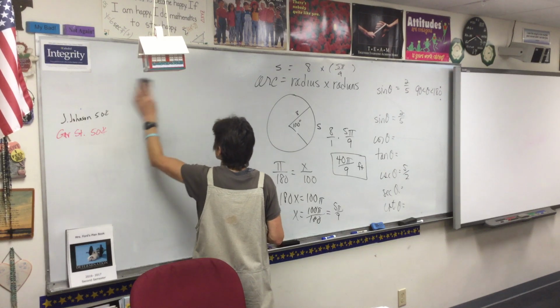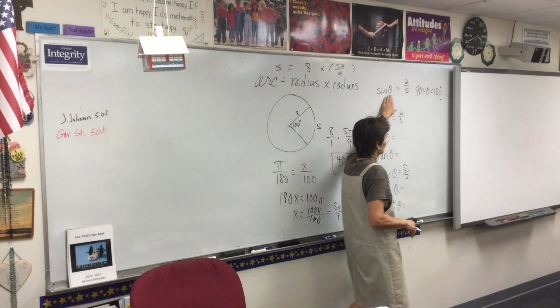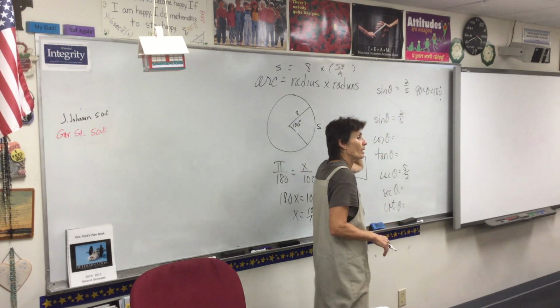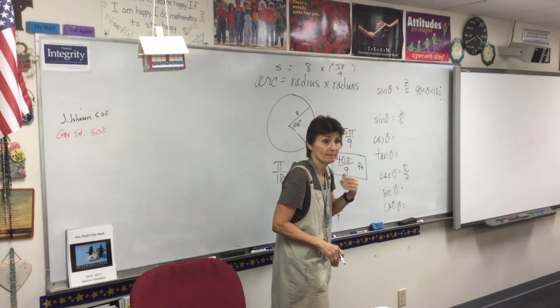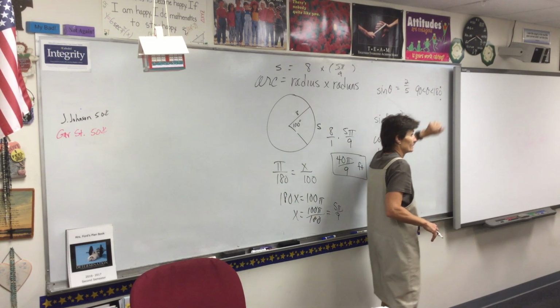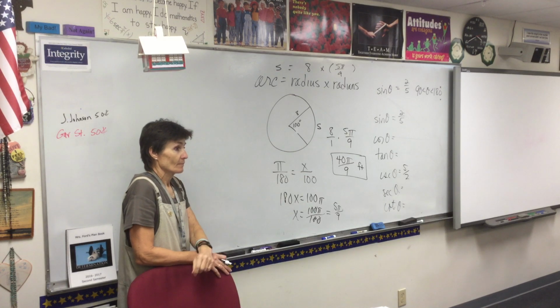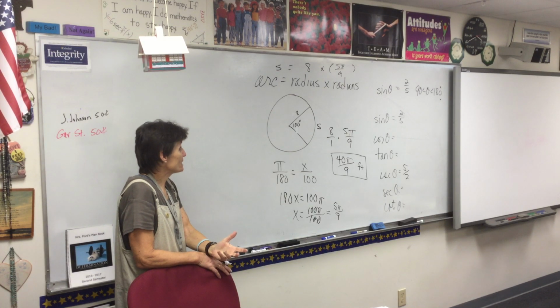Remember I told you that if you were going to draw some random angle, it was always going to be in quadrant 1, unless I told you differently? What does this say to me? Draw it between 90 and 180, right?